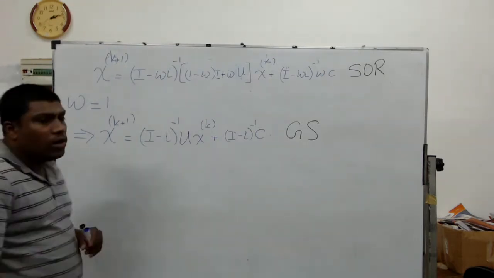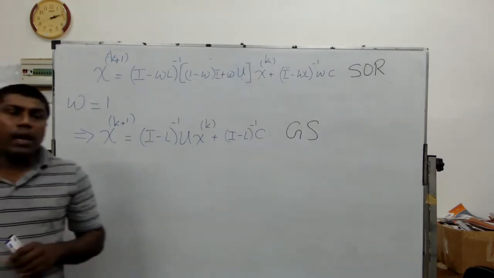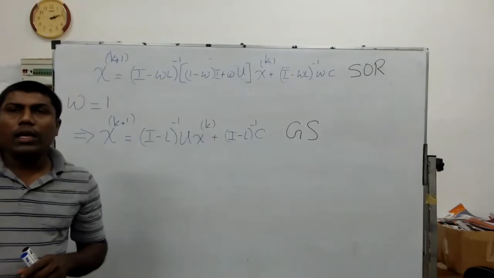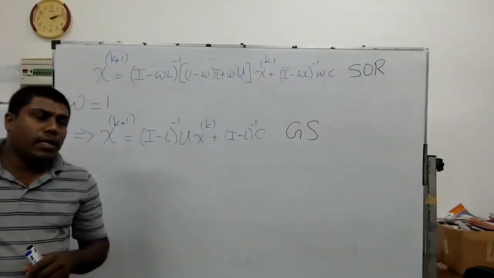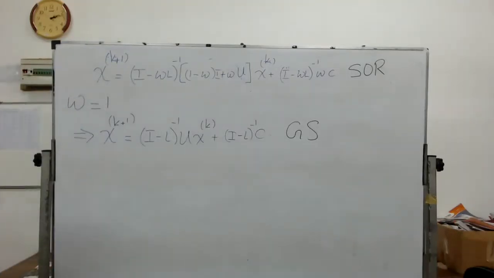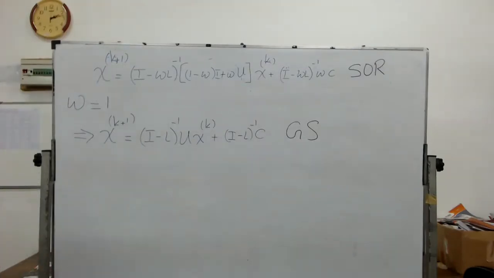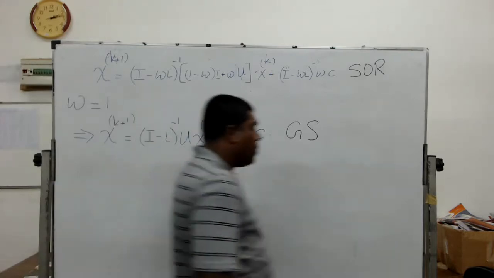Similarly, we are going to do the same thing here. We are going to prove the convergence of these two methods. Basically, we will prove the convergence for the SOR, and then just putting omega equal to 1 gives you the same results for Gauss-Seidel. So we will prove the convergence of the SOR method under the positive definiteness condition as well as under the strictly diagonally dominant condition on the coefficient matrices. So we will prove them one by one.